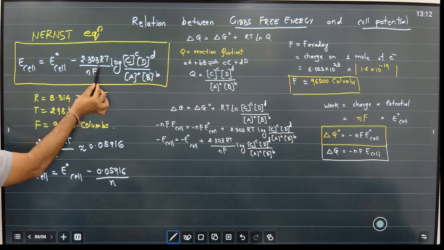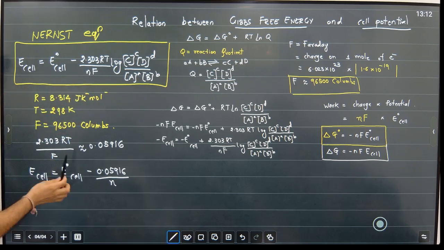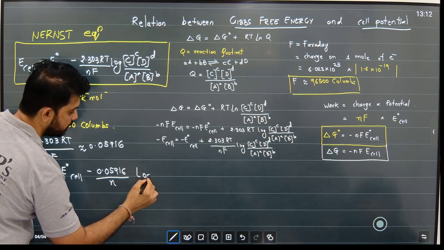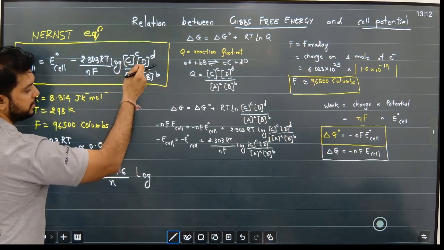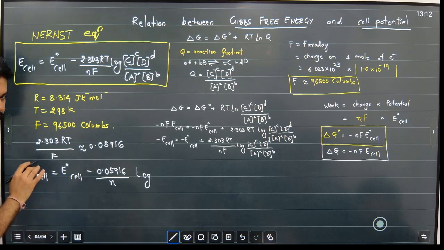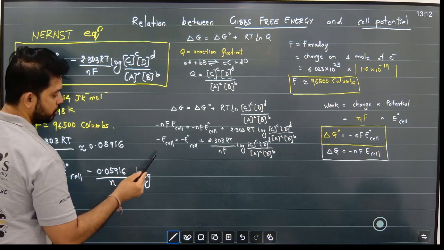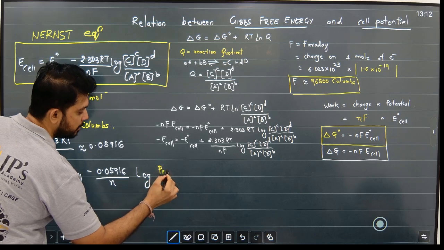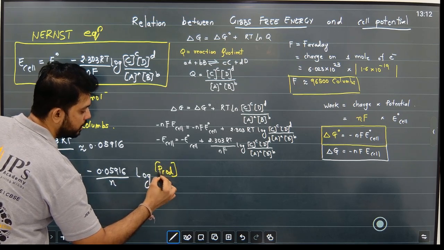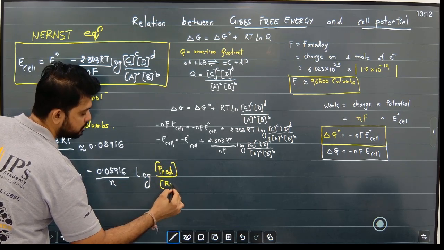We substituted everything else, we substituted R, and what remains is log of C raised to c, D raised to d, which is the product side, over A raised to a, B raised to b, which is the reactant side. Now, you can also write this as log of products over reactants. There's more to it, pay attention.